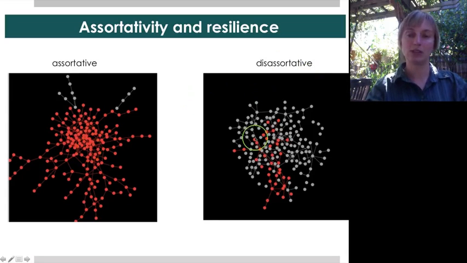In the disassortative case, however, a lot of these nodes were connected just to the hubs, and so once the hubs were removed, the network was pretty much broken up with the removal of just 10 nodes.